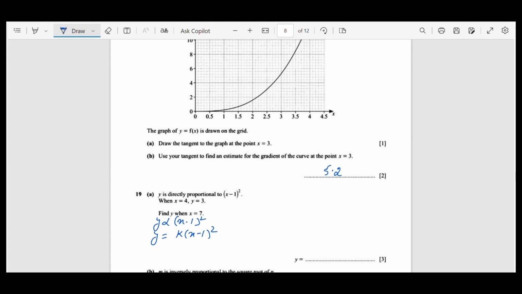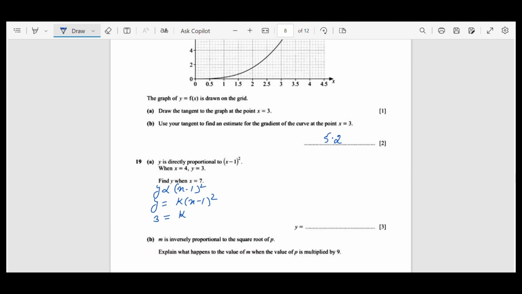So we will substitute all the values to find the value of k. So y is 3 equal to k times (4 minus 1) squared. So k will be equal to 3 over 3 squared. So k will be equal to 1 by 3. Now k is 1 by 3.